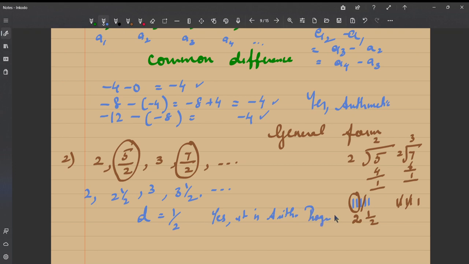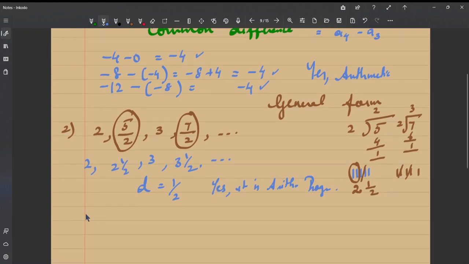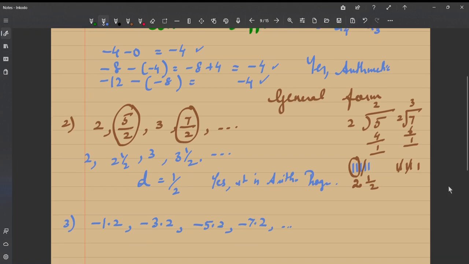So just one more example. Let's have these negative decimals: minus 1.2, minus 3.2, minus 5.2, minus 7.2. In order to decide whether it's an arithmetic progression or not, let us just check the difference.